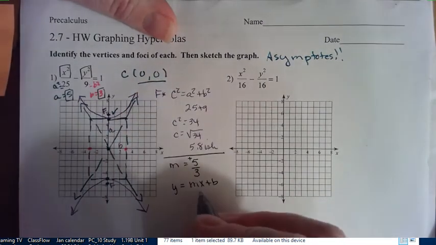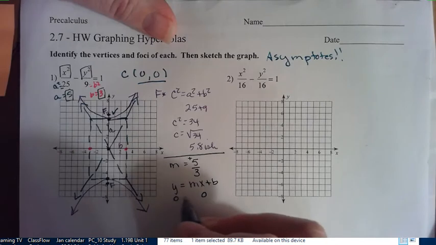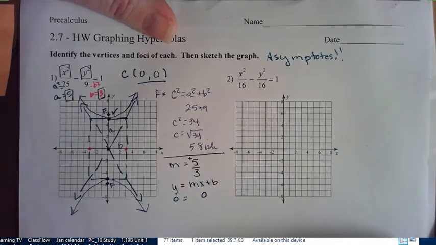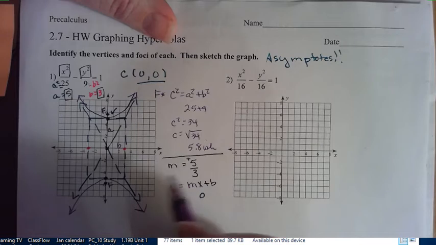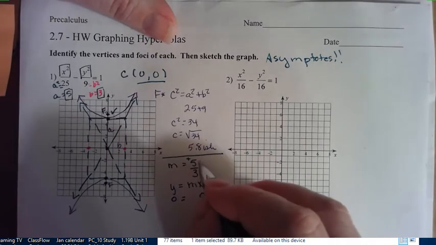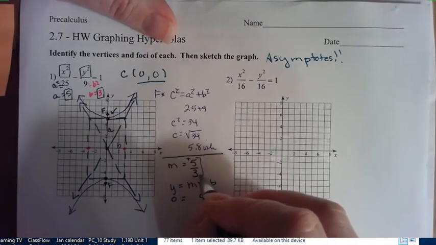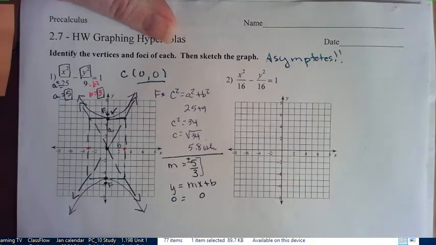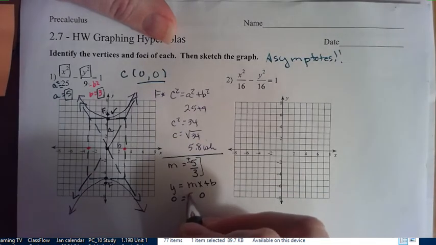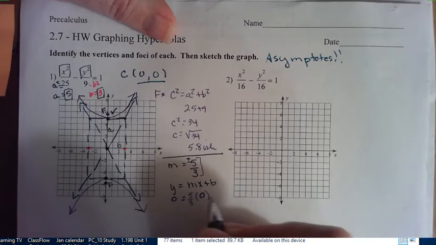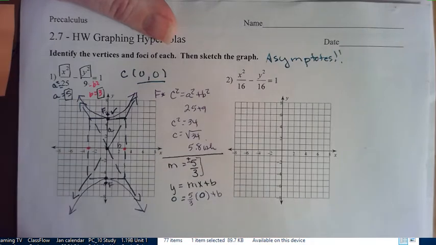So this is your center, and that center is part of both, and it's equal to the m, which I said m somewhere. There it is. M is plus or minus 5/3, so I'm going to do 5/3 times the center plus b.